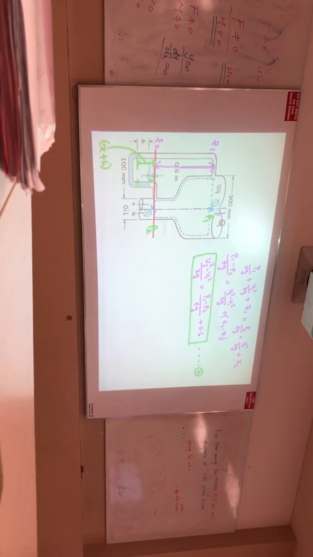Then what can I write? Tell me. From the manometer, I can write P1 plus rho G H. H is 0.6 plus x plus h.